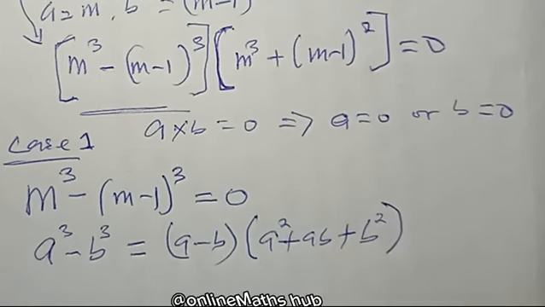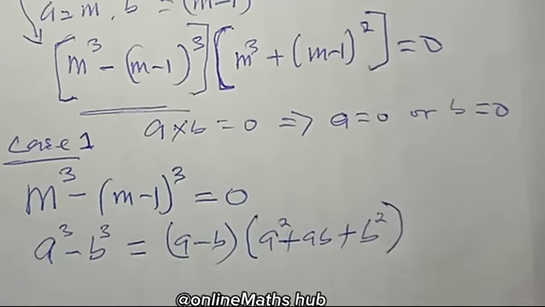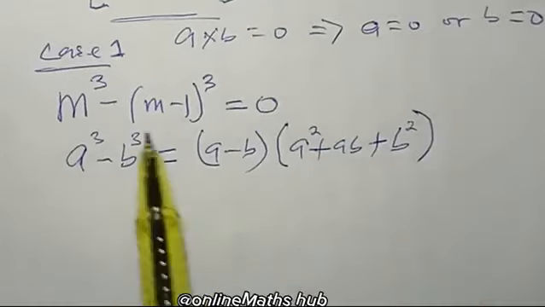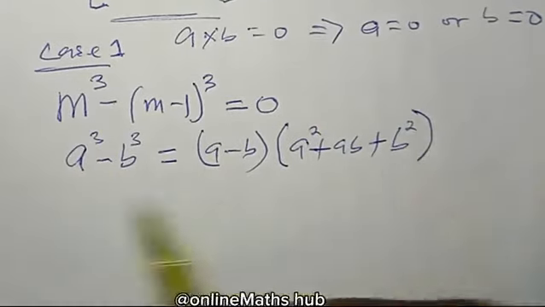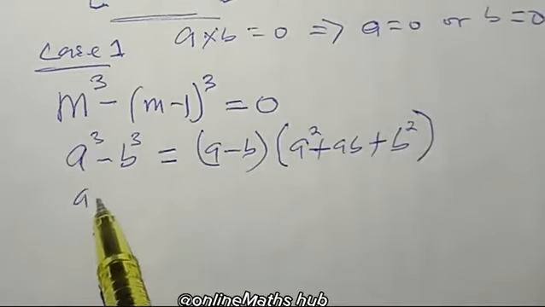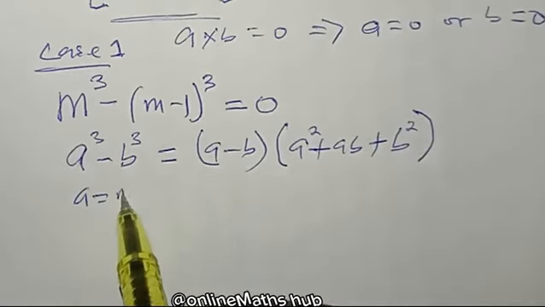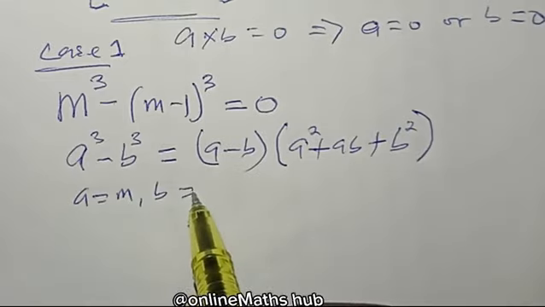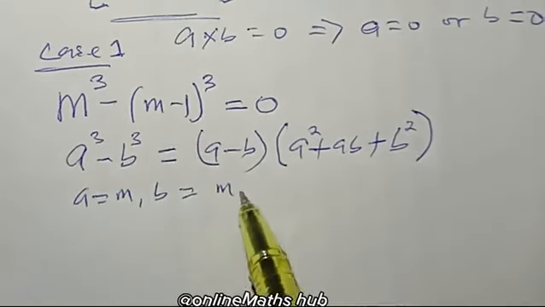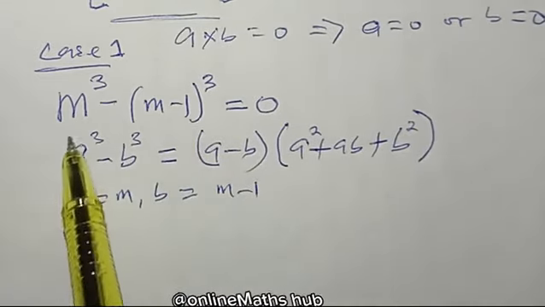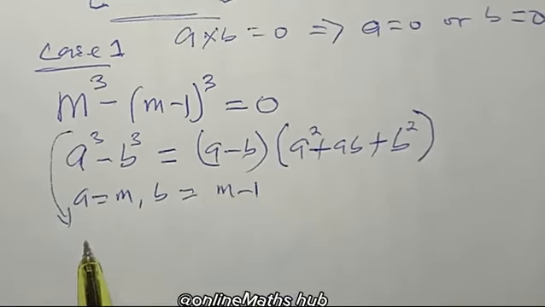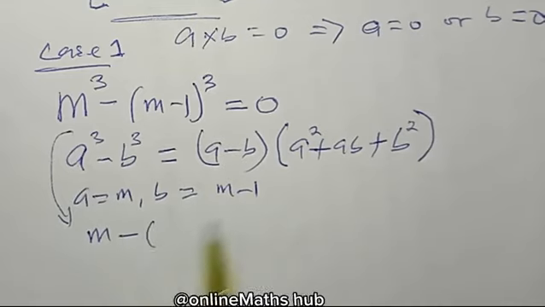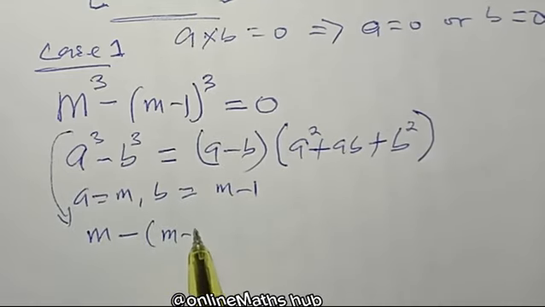I'm going to be using this expansion to also simplify what I have right here. In this case, a is equal to m, and our b is equal to m minus 1. So expanding this, what I will be having is m minus (m minus 1).